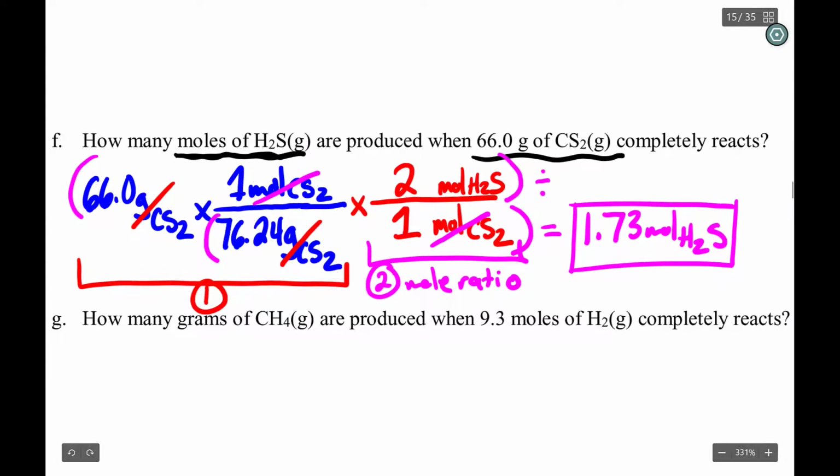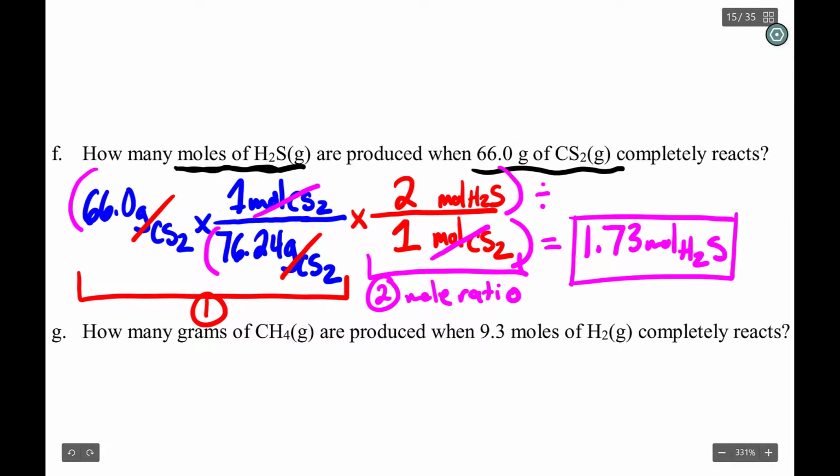So, in summary, if I'm starting with grams of substance 1, I'm going to need 2 fractions in order to get moles of substance number 2. I would first have to convert grams of substance 1 into moles of substance 1 by inverting the molar mass of that substance.